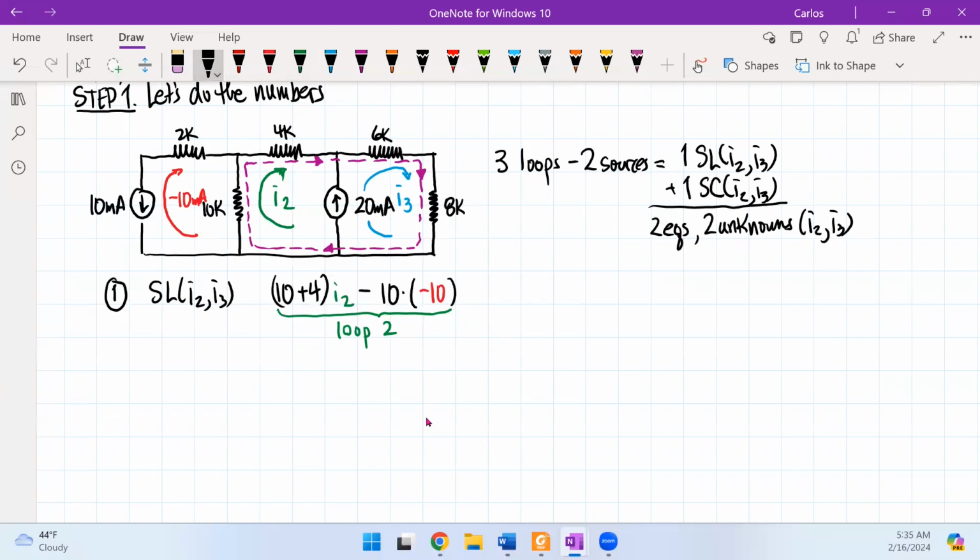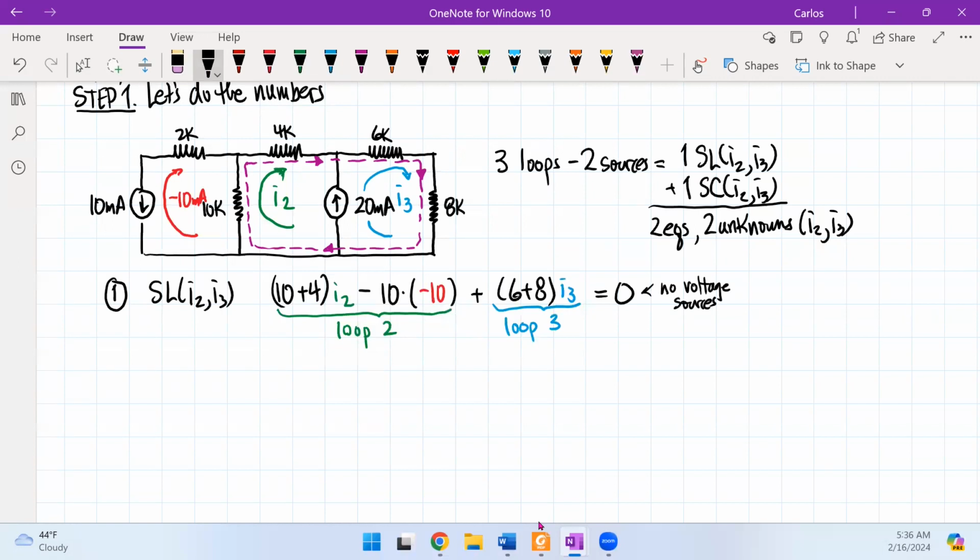Now I write the second loop equation in the super loop here. I have 6 and 8, so I get 6 plus 8 times I3. There's no mutuals. This is loop 3. And then I ask, are there any voltage sources as I go around that purple loop, the super loop? I see none. So this just tells me that there are no voltage sources in that loop.